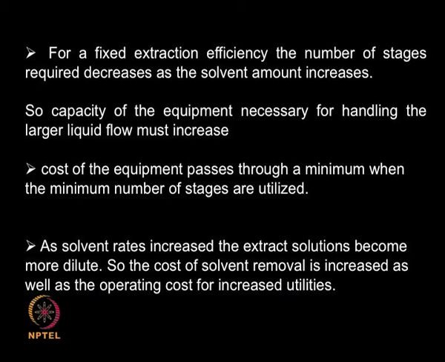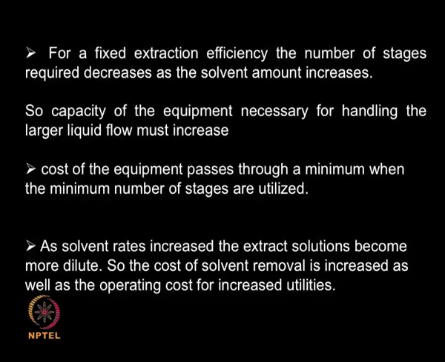So, because this type of contradictory forces are happening, the cost of the equipment passes through a minimum. That means you will have a minimum number of stages that are utilized actually. Okay. So, you need to balance all these factors so that you decide on how many stages. It is not only the stage efficiency. If you are fixing the efficiency, do I increase the solvent amount or do I decrease the solvent amount, and depending upon the larger or smaller amount of solvent, the stage size increases or decreases.